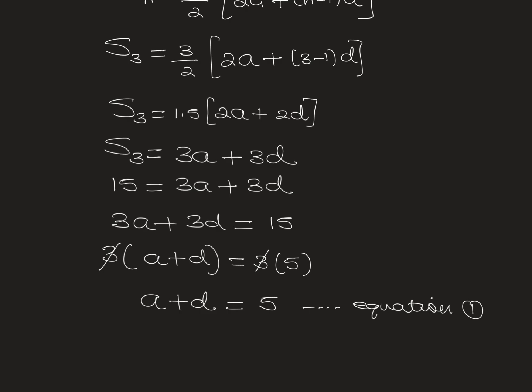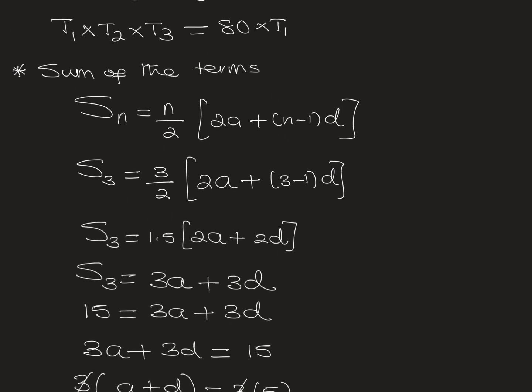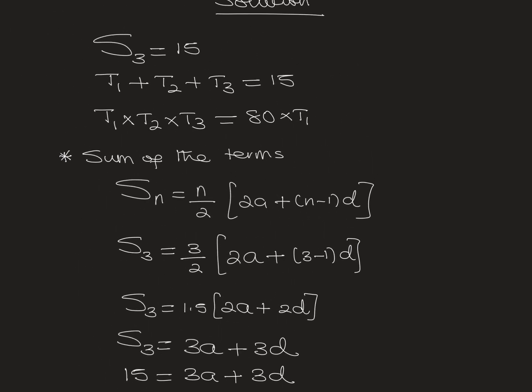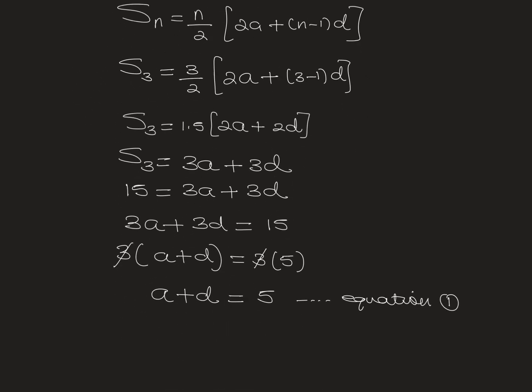Now we have dealt with the expression for the sum of the terms. Now let's go to the product. It says the product, that is T1 times T2 times T3, is 80 times T1. Let's write that.